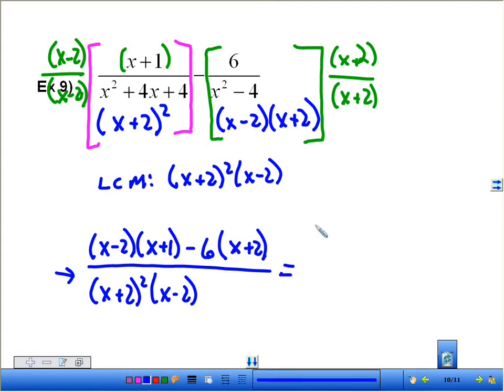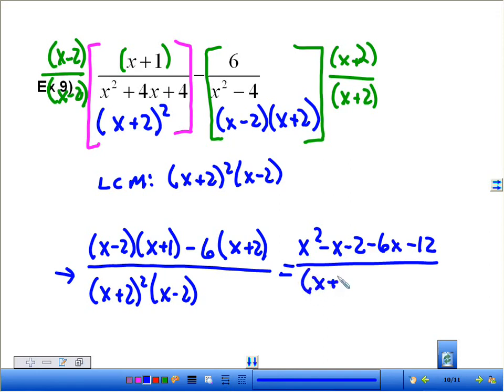So now let's see what we have. We're going to FOIL, so we have x squared minus x minus 2 minus 6x minus 12. Our denominator stays the same. And now we combine our like terms.